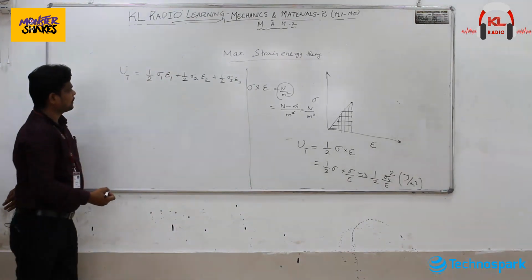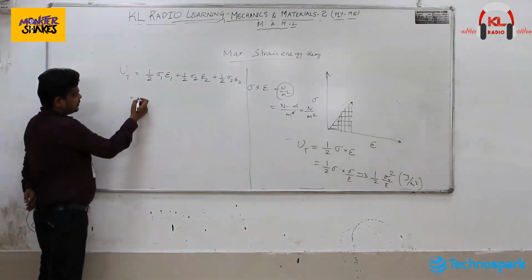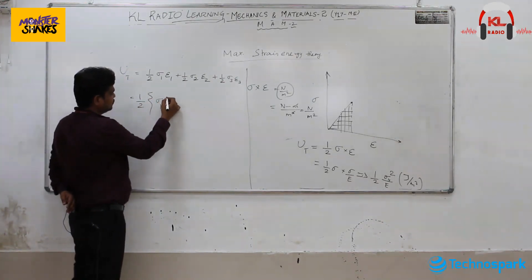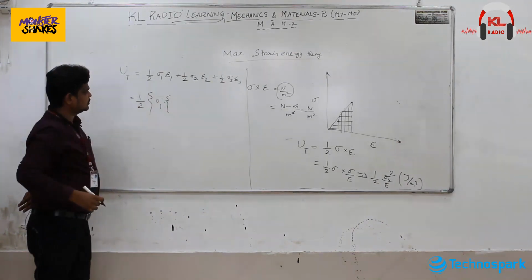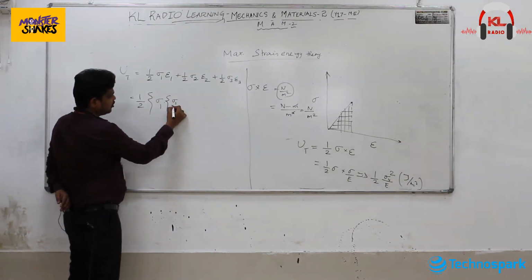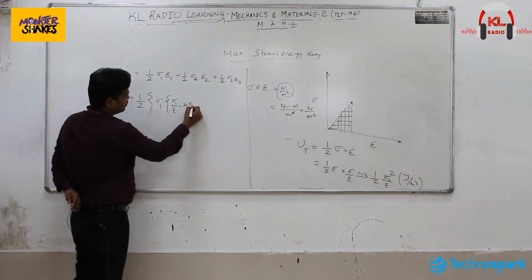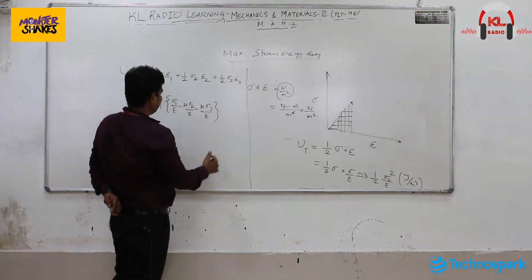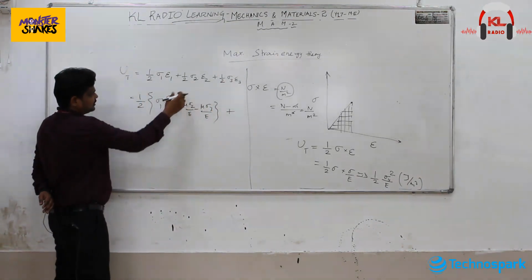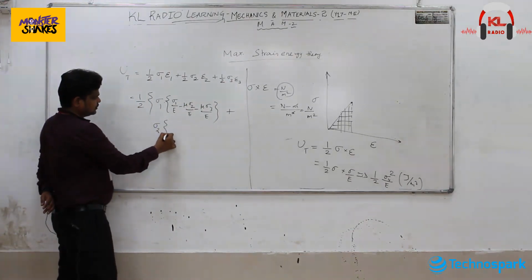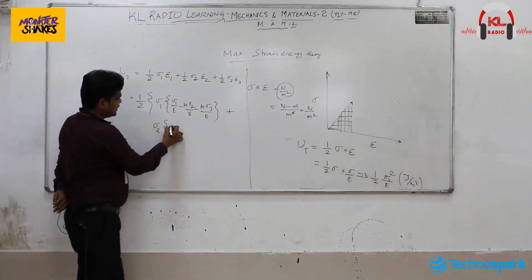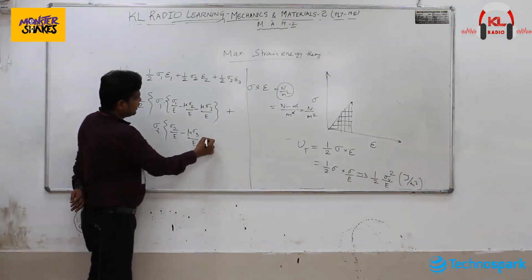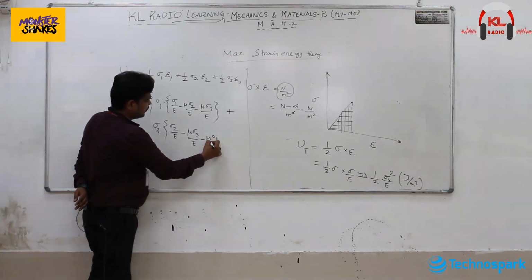So from this, 1 by 2 I can take as common here, and it is sigma 1 into, you all know, the strain 1 can be written as sigma 1 by E minus mu sigma 2 by E minus mu sigma 3 by E. Similarly, plus for the other two terms, sigma 2 into epsilon 2 can be written as sigma 2 by E minus mu sigma 3 by E minus mu sigma 1 by E.